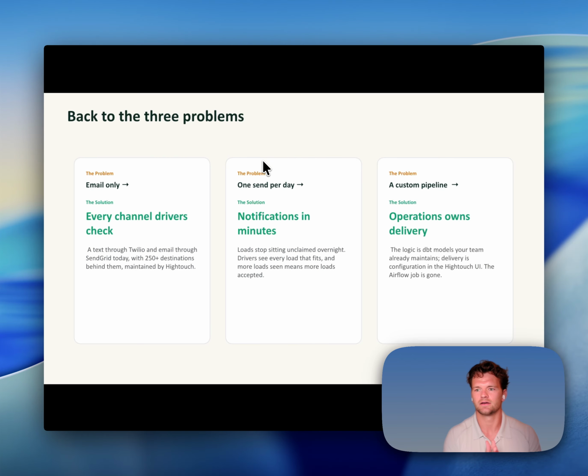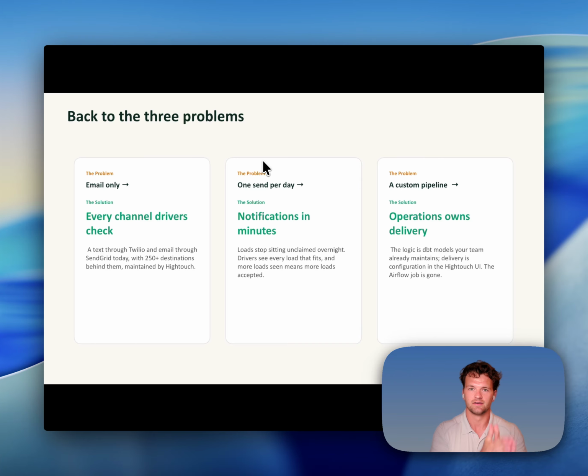Now, let's go back. I want to make sure that this demonstration in Hightouch is really solving the problems that you discussed. So first, your solution is email only. You've seen in this demonstration that you can send notifications to drivers on whatever their preferred channel is. Second, you're only able to send one notification every 24 hours.